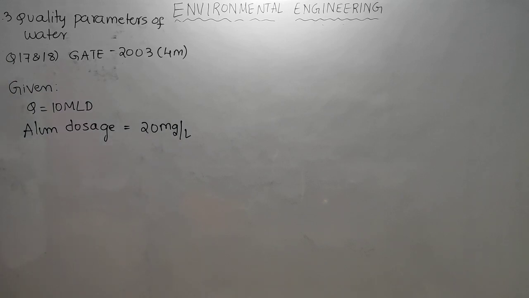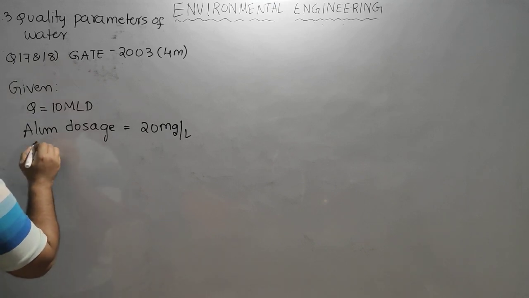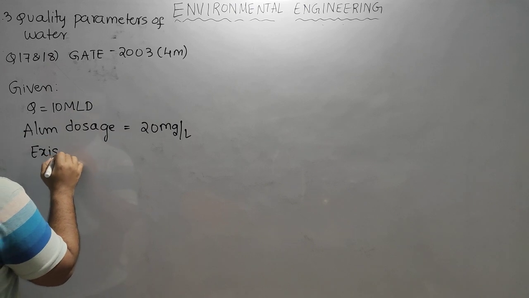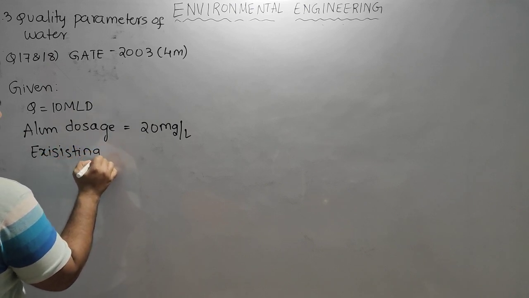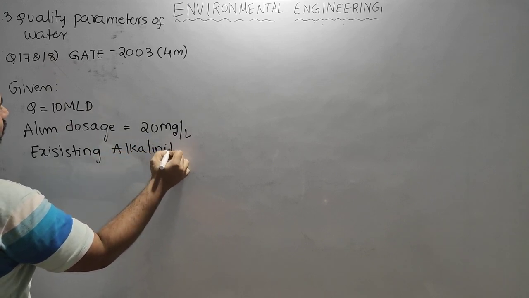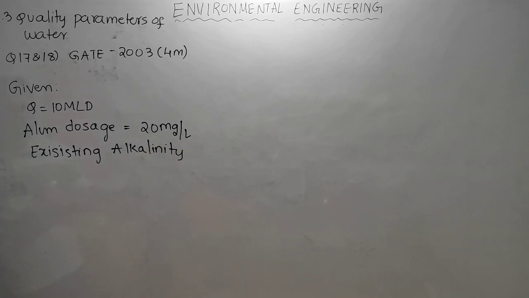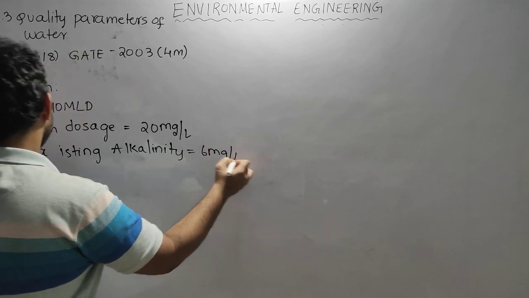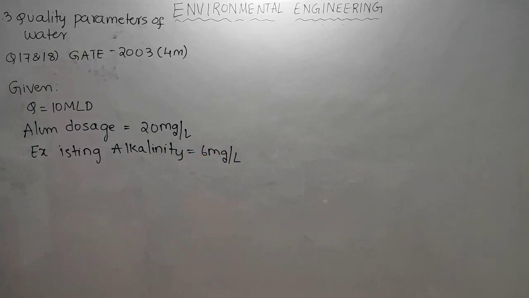The water has already alkalinity in it, so the existing alkalinity is 6 mg per liter.